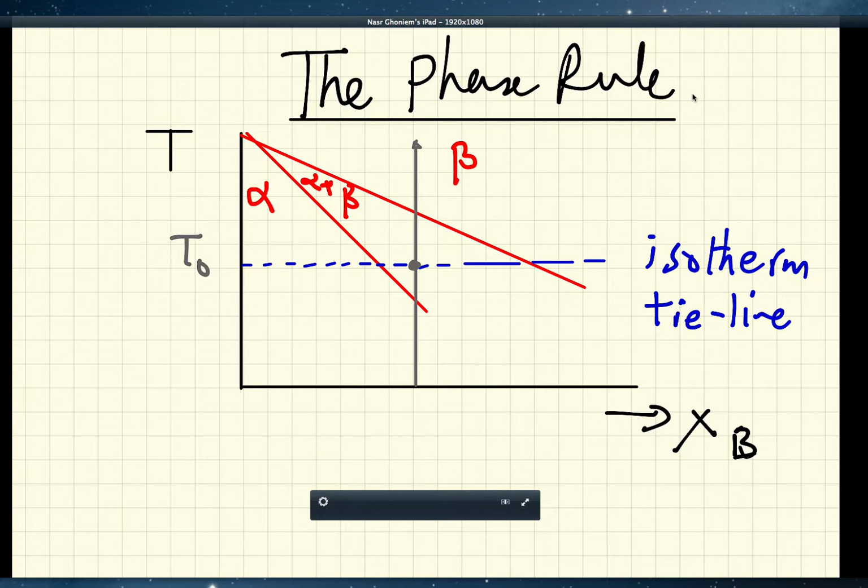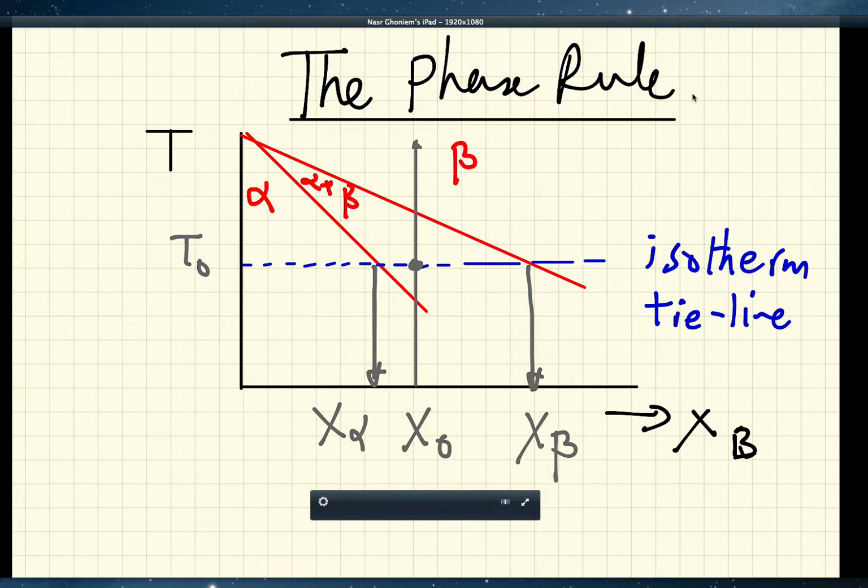At T sub 0, the state is denoted by this dot. I have an initial concentration X sub 0. The concentration at this phase boundary we're going to call X sub alpha, and the concentration at this phase boundary X sub beta.